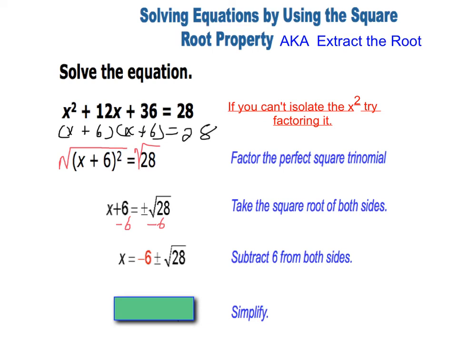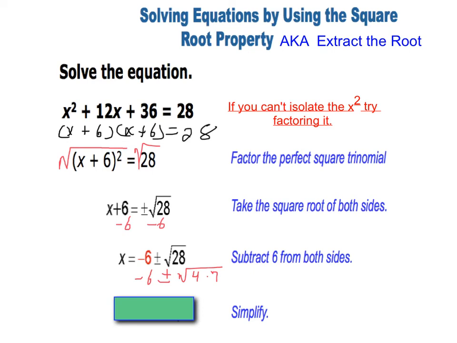Now, I'm almost done. The only thing I have left is I need to simplify this radical 28. Is there a perfect square in 28? Well, if you said 4, you are right, because 4 times 7 is 28. So let me write this out here. I'll have negative 6 plus or minus the square root of 4 times 7.